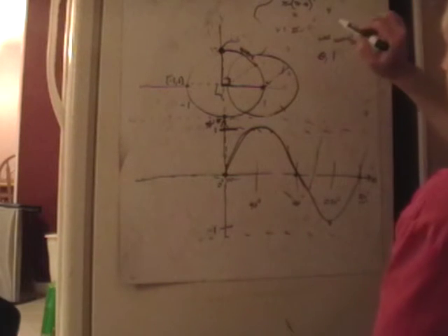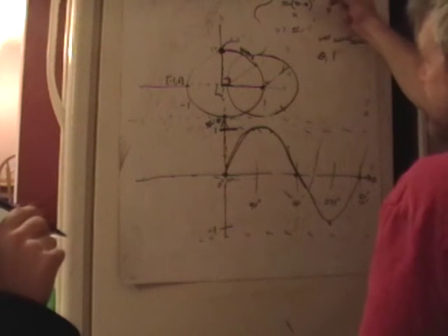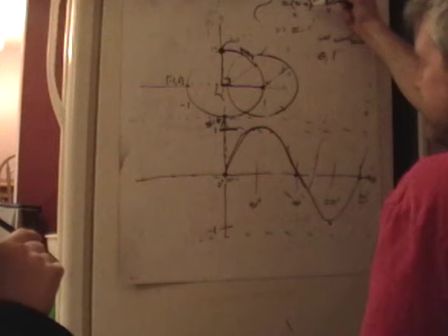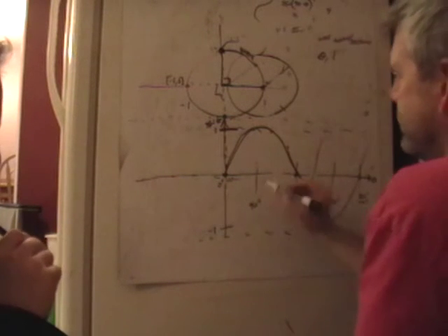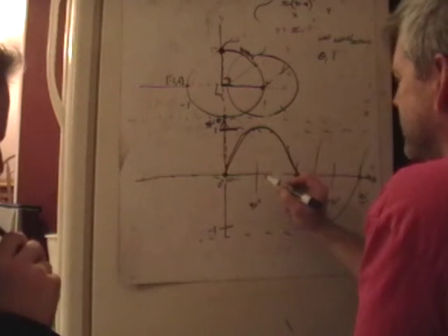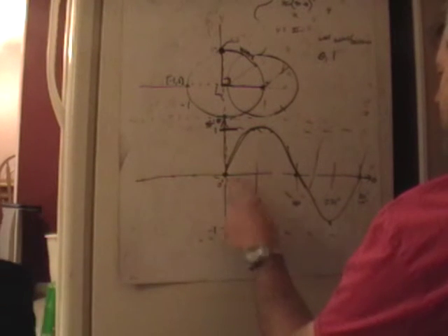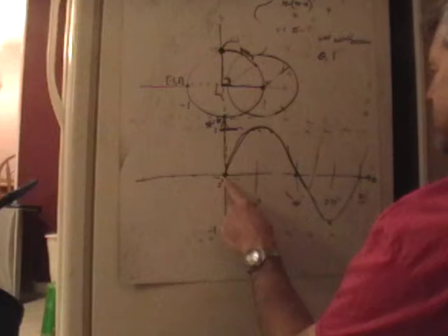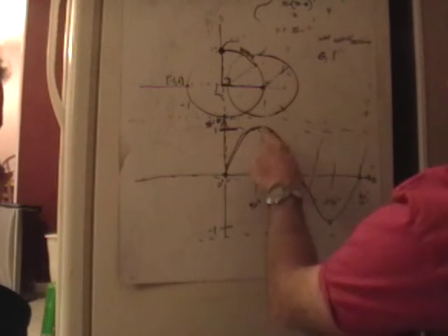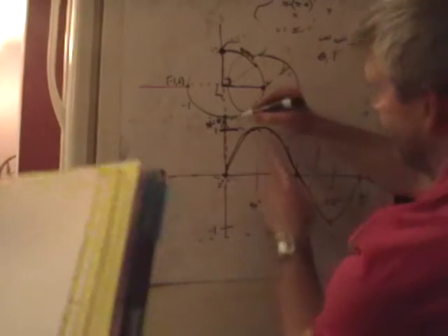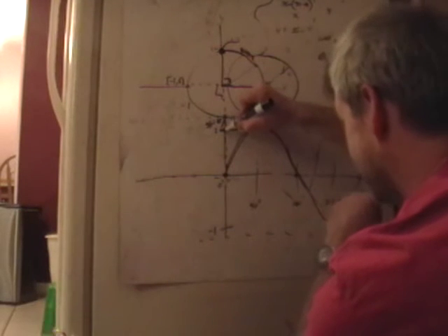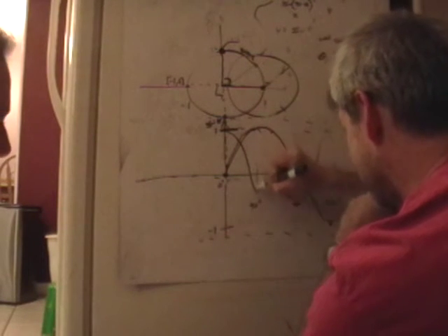Okay, but now let's talk about a cosine. A cosine is the same as the sine of 90 minus theta. So if I'm at 0, 90 minus 0 is 90. So a cosine starts here and does this.